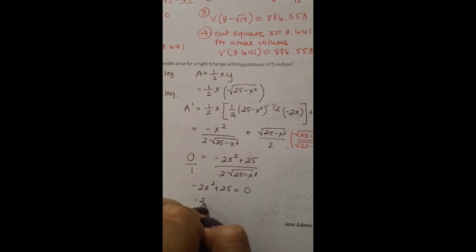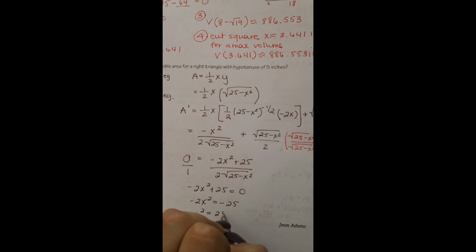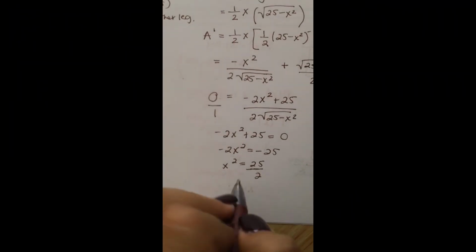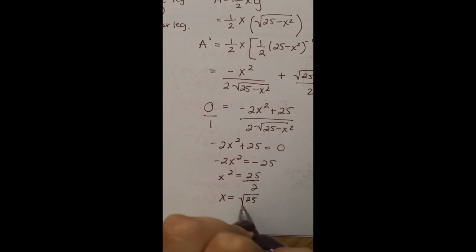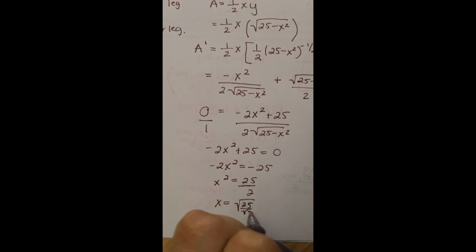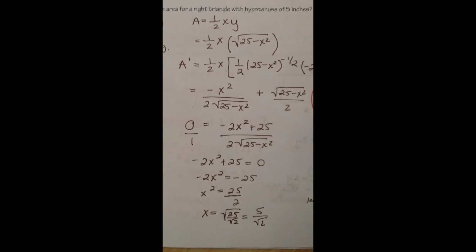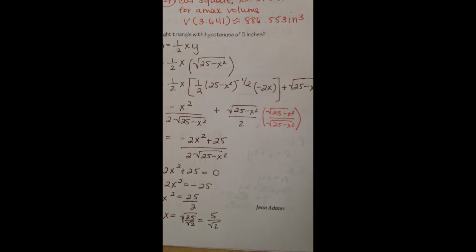So take the square root of both sides. Square root of 25 is 5, square root of 2 is square root of 2, which is what we'll leave it at. So now we're looking for the largest possible area, so we're going to take the positive of the two answers we would get.